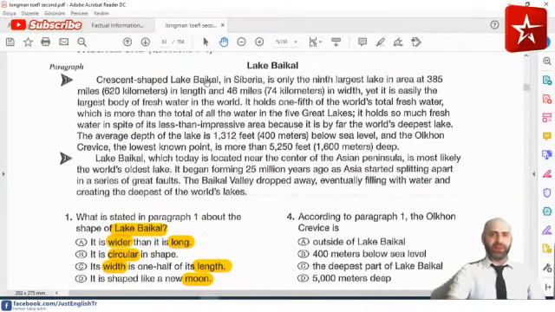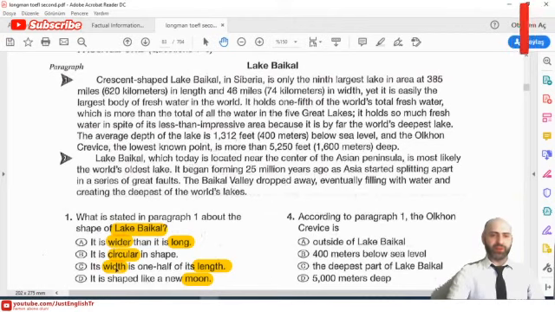Crescent-shaped Lake Baikal in Serbia is only the 9th largest lake in the area at 385 miles in length and 46 miles in width. Okay, so I think we can check some information already. I see 385 miles length and 46 miles width.